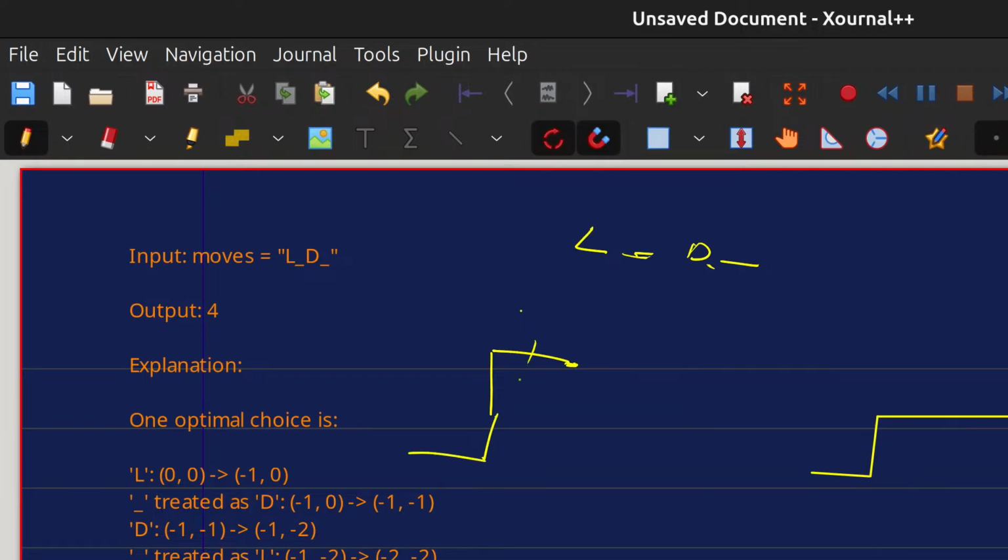So again 1, 2, 3, 4, it is 4, right? So to do it in order of n, look at the previous character. If the previous character is left, then don't go right. That's how you can achieve the maximum.